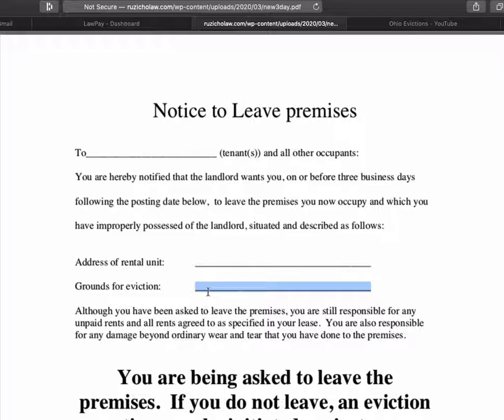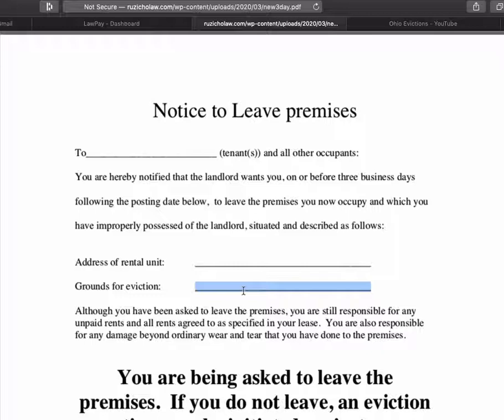The number one reason is usually non-payment of rent. Other reasons include non-payment of utility bills, non-payment of security deposit, unauthorized occupants, and you could have several other breaches of the lease that you would put here.